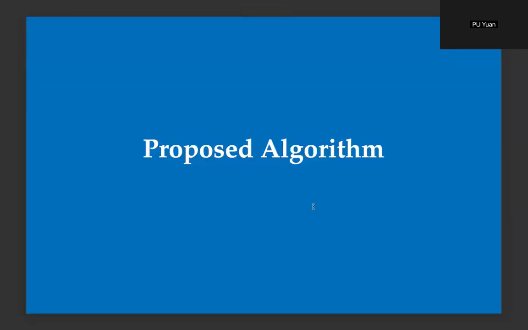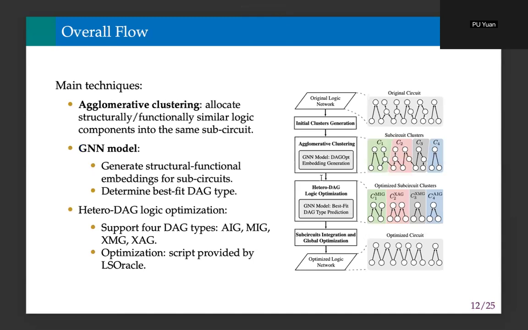Now let me introduce our proposed algorithm. First is the overall flow. Given the whole logic network, we first do the initial cluster generation, and we get some clusters. Then we do bottom-up clustering to form the subcircuits step by step, during which we use the GNN model to generate the DAG OPT embedding, which is used during the clustering step.